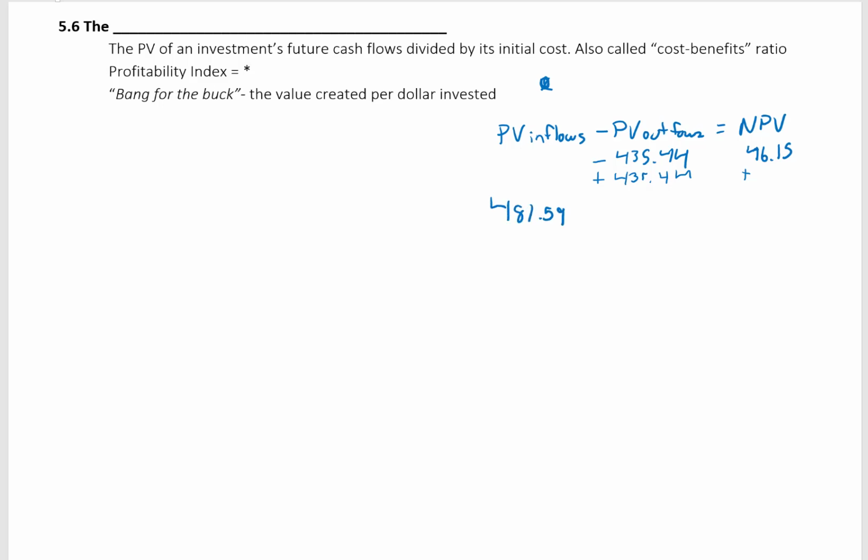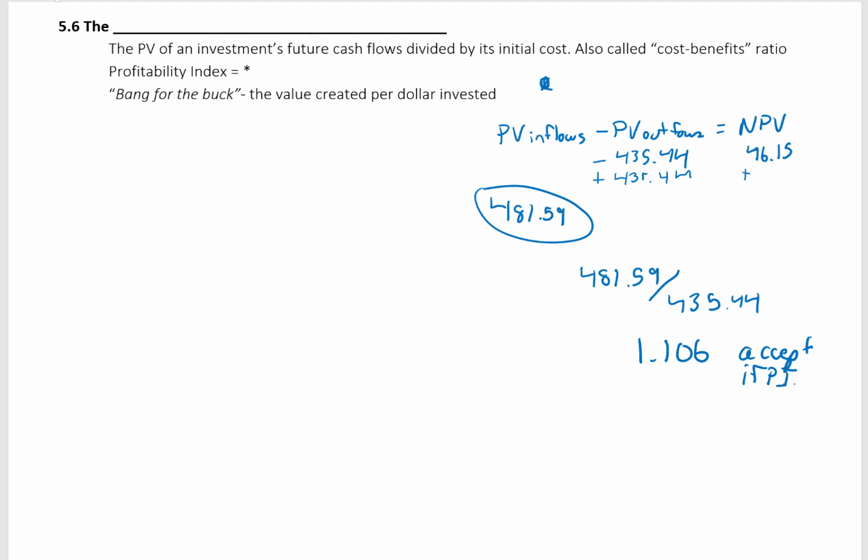Now, if this is the present value of our inflows, and we follow the profitability index, we do 481.59 divided by our initial investment, 435.44, we're at 1.106. We accept if the profitability index is greater than 1.